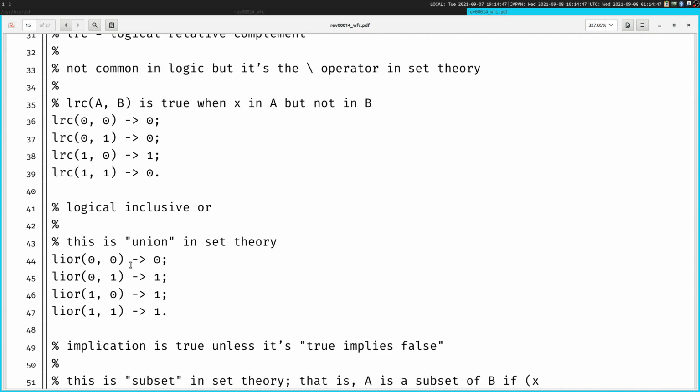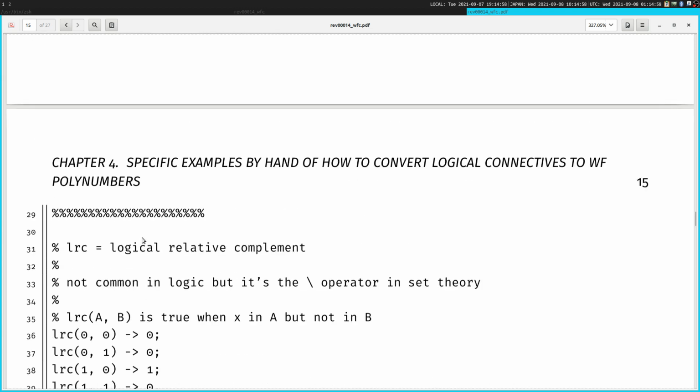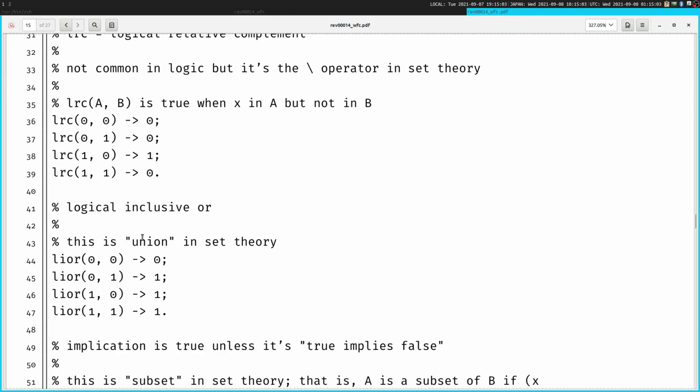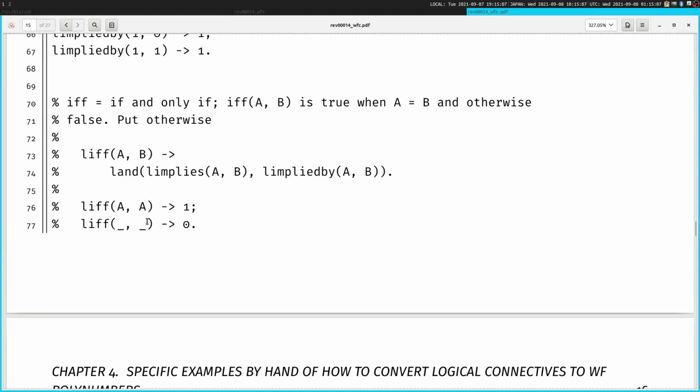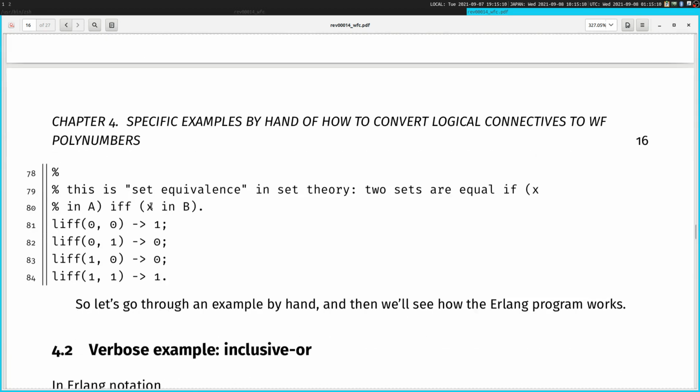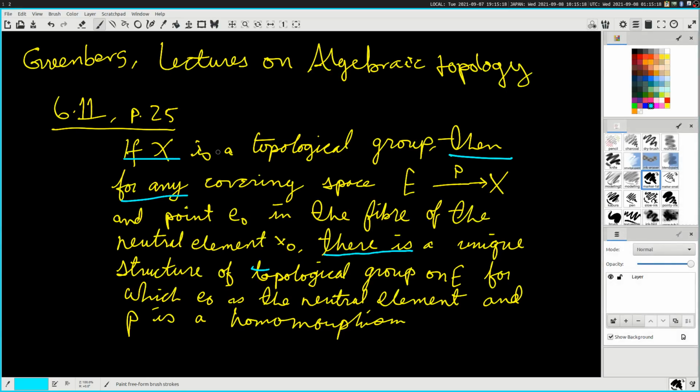One thing I want to do in the Lisp server is allow you to have variables and input arbitrary truth tables, but I haven't done that yet. Logical relative complement, inclusive or, implied by, IFF. And the point is that these are common ways of constructing larger logical statements out of smaller ones.